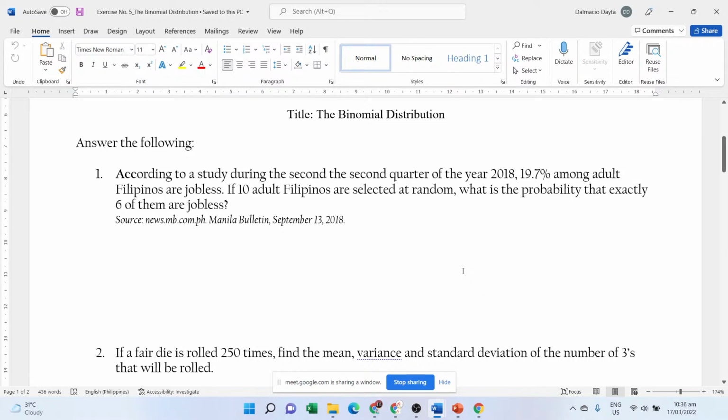According to a study during the second quarter of 2018, 19.7% among adult Filipinos are jobless. 15 adult Filipinos are selected at random. What is the probability that exactly 6 of them are jobless?